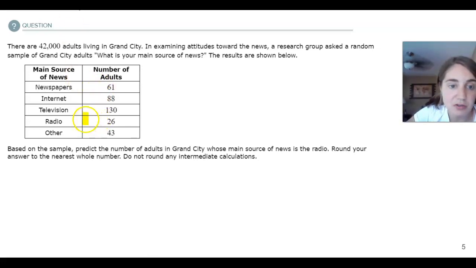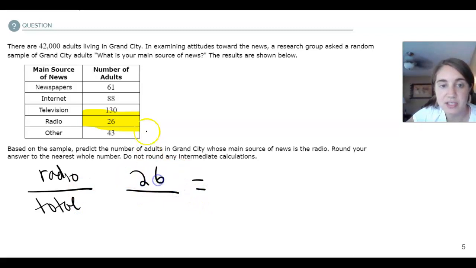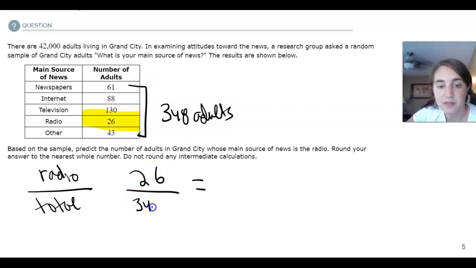So I'm going to do radio over total. 26 out of a total of 348 adults is going to be what out of the 42,000?